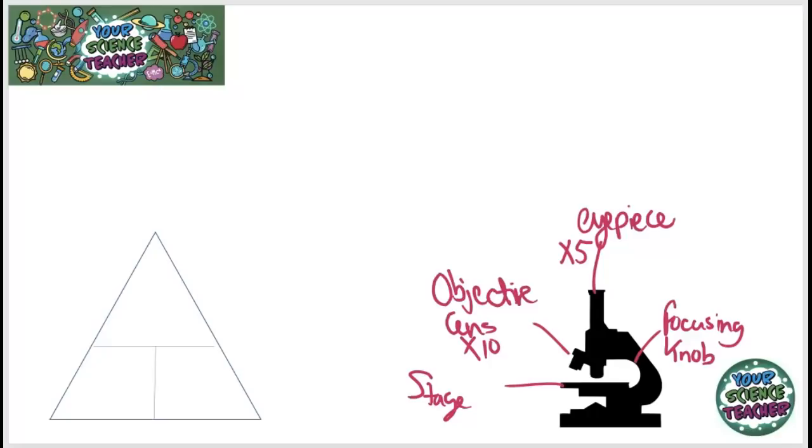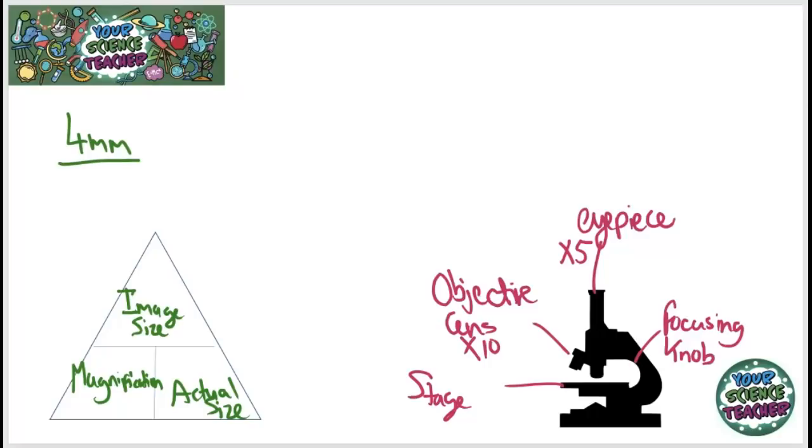And if we look at the image size divided by the magnification, that will give you the actual size of your image. For example, if your cell has a width of 4 millimeters under a microscope and it has been magnified 100 times, you could work out the actual size of your cell by doing 4 divided by 100.